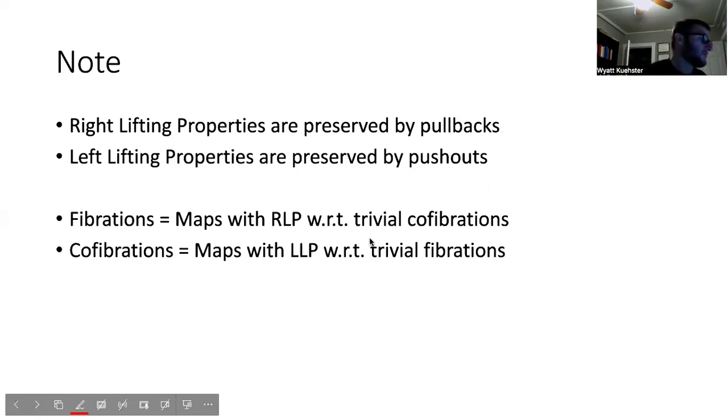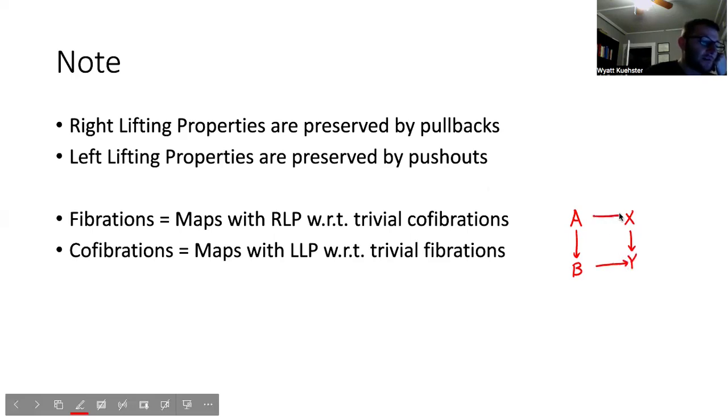Just a note is that fibrations can be characterized as exactly the maps that have the right lifting property with respect to trivial cofibrations. So if I have this square, this property that fibrations and cofibrations have actually characterizes them.